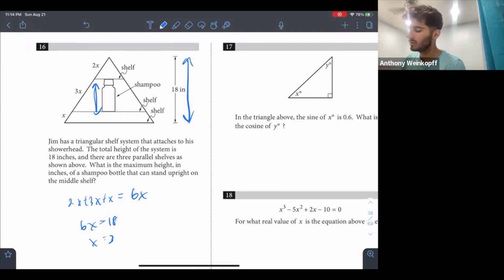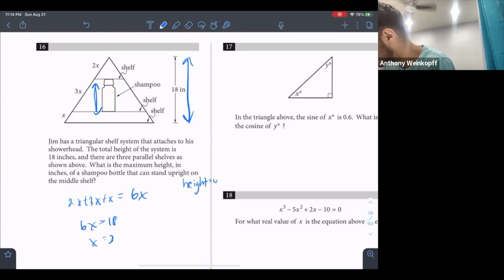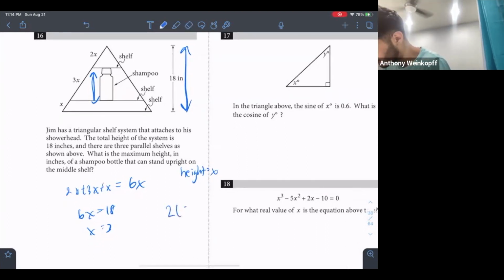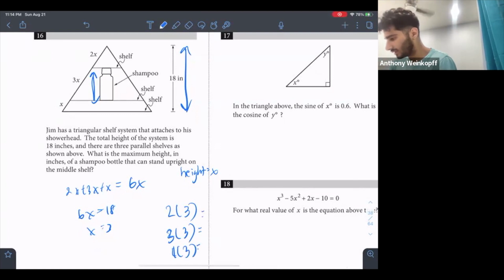And so now if you want to find the height, you can have a correlation between the heights of the shelves. So you would do 2 times 3, 3 times 3, and then 1 times 3 to get the maximum heights.